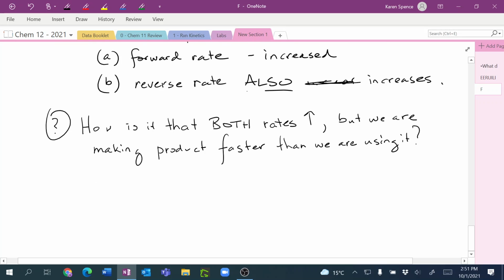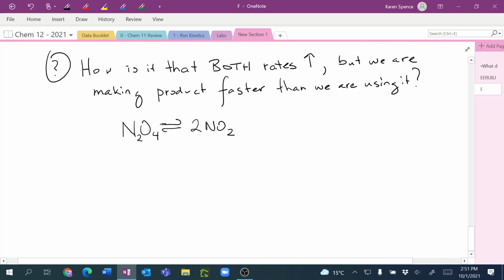How is that possible? Yeah, the forward rate increases more. They both increase, but the forward rate increases more. So if this was our original reaction, N2O4 to NO2, I'm going to make the arrow bigger to show an increase in rate. When we increase the temperature, my forward rate increased, yes?